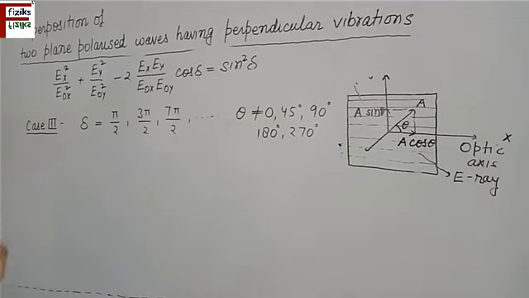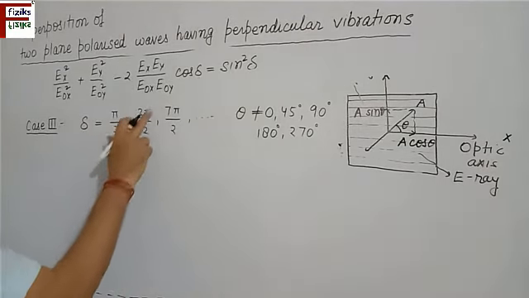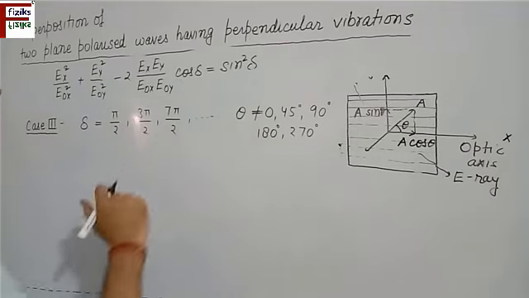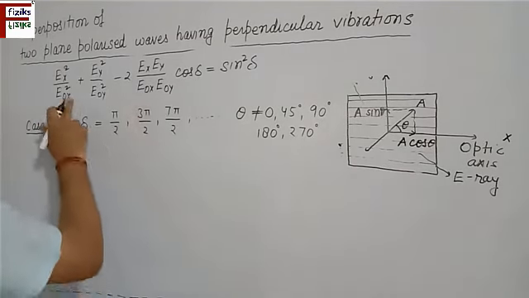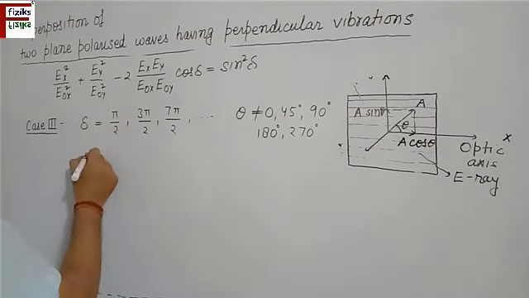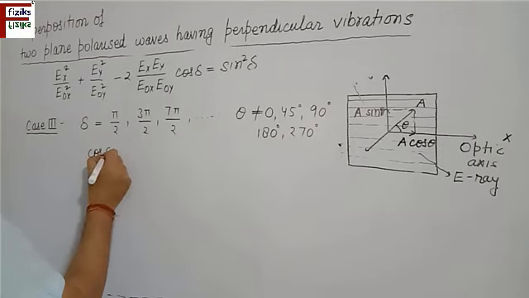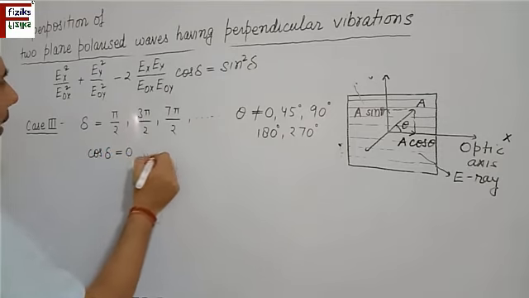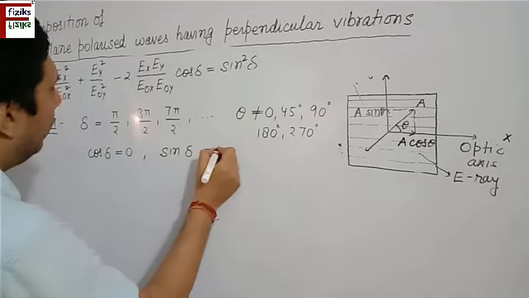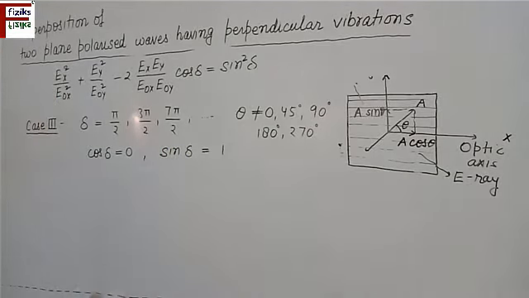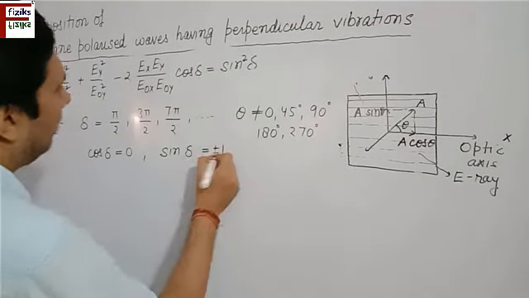If delta is pi by 2, 3 pi by 2, 7 pi by 2 and theta is not equal to these, then what will you have? You will have cos delta as 0 and sine delta as plus minus 1.